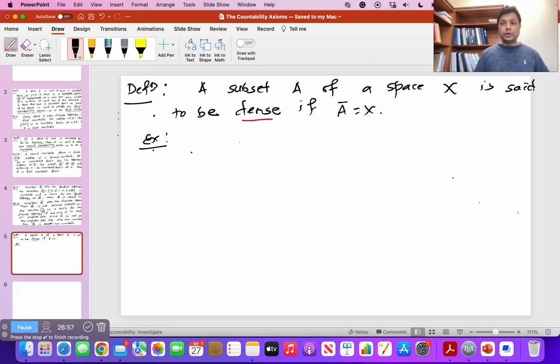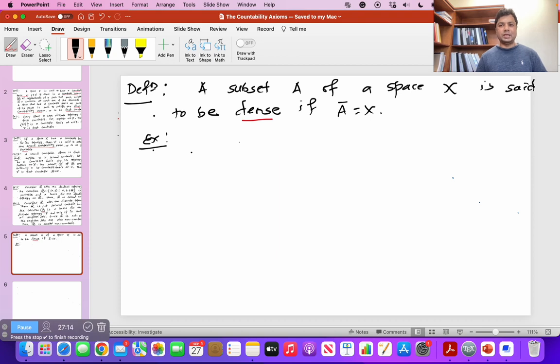For example, we have seen in one of our previous lectures that the closure of the set of rational numbers, which we denote by Q, is the set of real numbers.